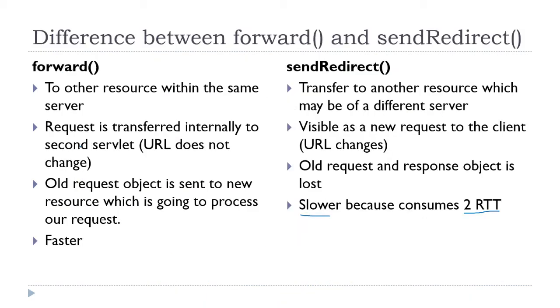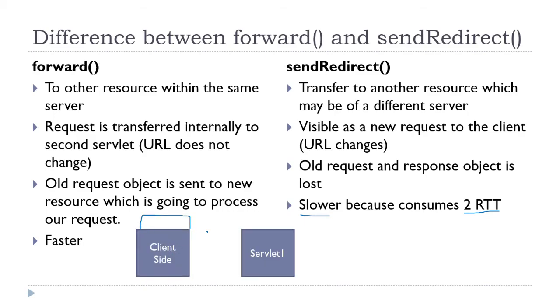Whereas in case of the forward method, from the client side, when we send a request to the servlet 1, this request will go to servlet 1, and if the servlet 1 is forwarding our request to some other servlet, that request will be forwarded directly from servlet 1 and does not go back to the client side.